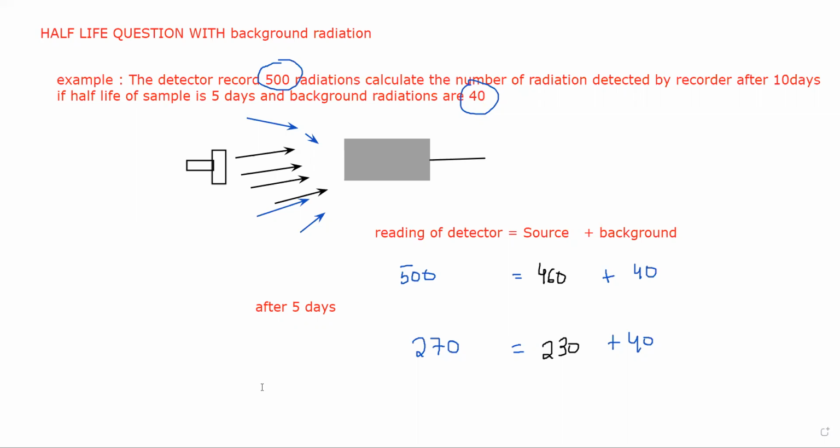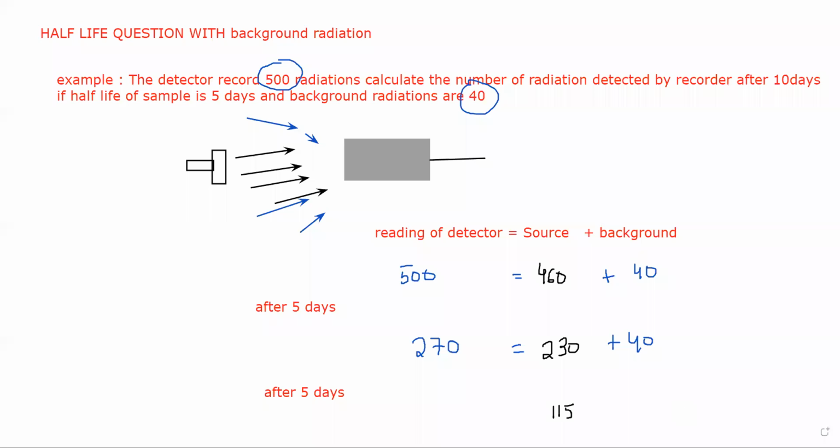Then after a further 5 days, because we want the total after 10 days. The half-life is equal to 5 days, so after every 5 days, the amount of radiation will become half of its original value. So the source radiation will be half of 230, which is 115.